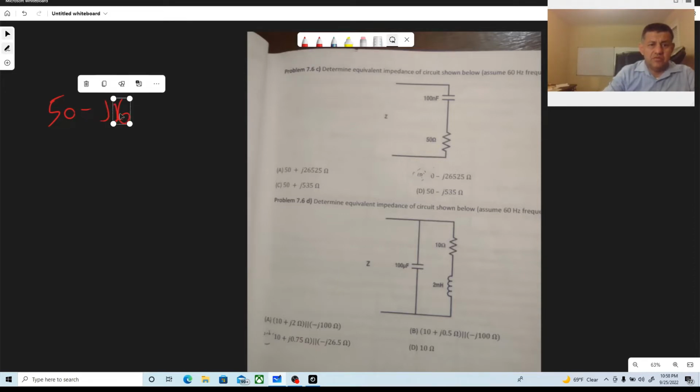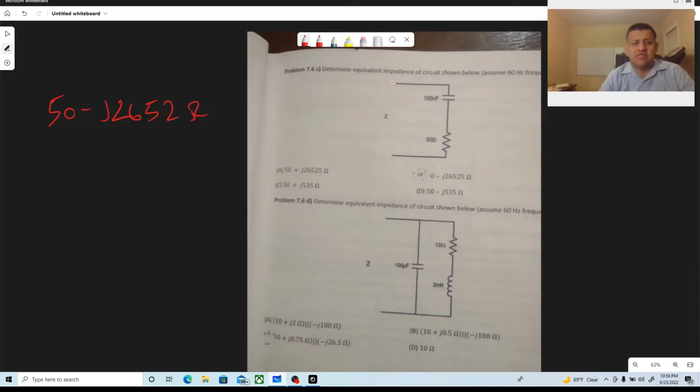So it's negative j right here, negative 26.525 ohms. This is the answer. It's not clear here, but that's technically what it's supposed to be. So basically, we will work these problems out, and hopefully we come up with those numbers.